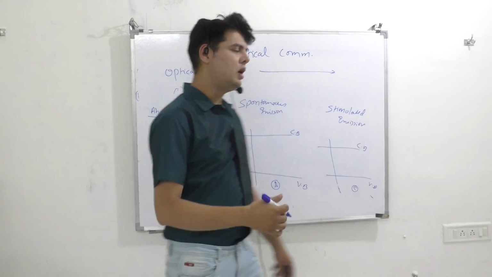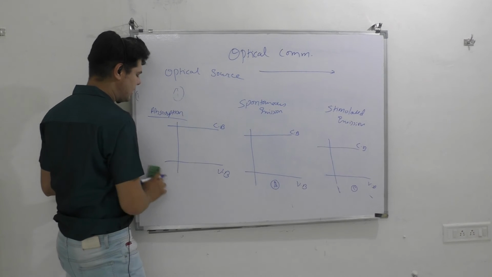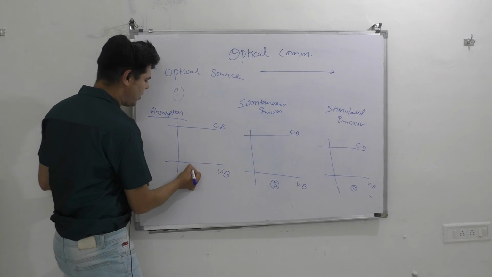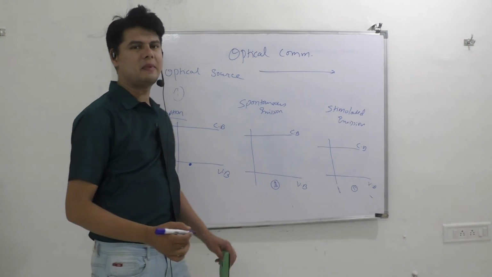Now, suppose our electron is at the lowermost shell of the valence band.